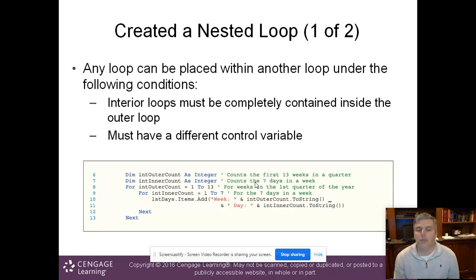Like I said, I don't believe you're going to have to do nested loops here, but if you ever do, the important thing to remember is these control variables here have to be different. You cannot use the same control variable for the inner loop and the outer loop because it will get confused and you will not loop properly. So that's the most important thing, just making sure you use different control variable names.